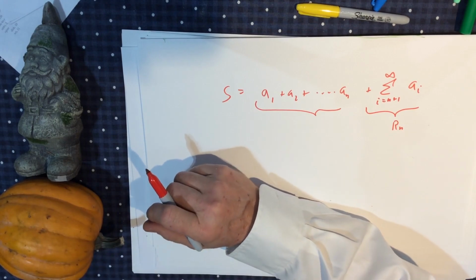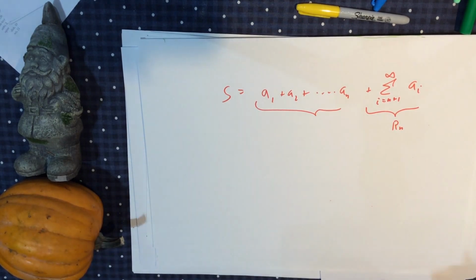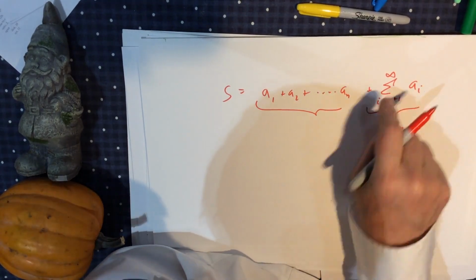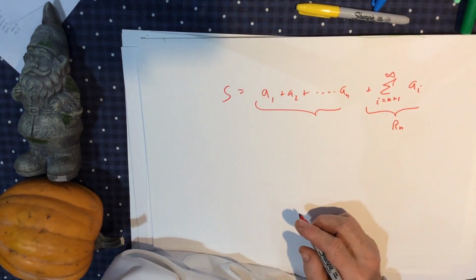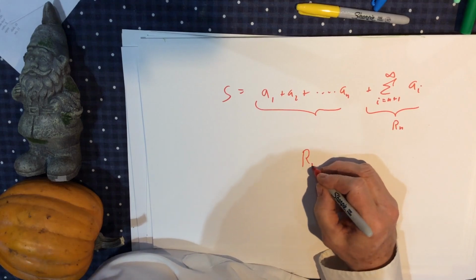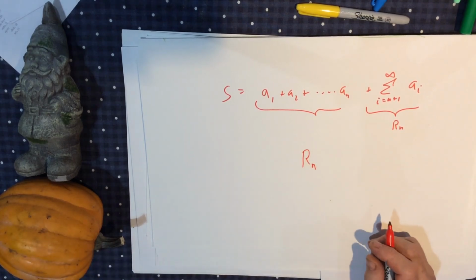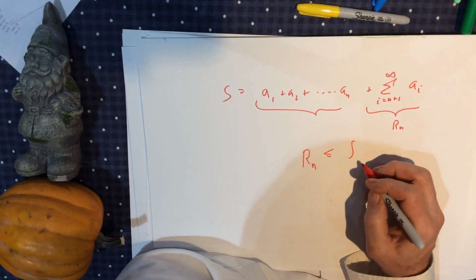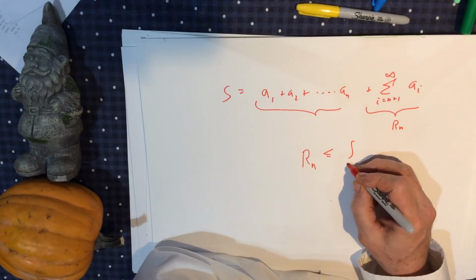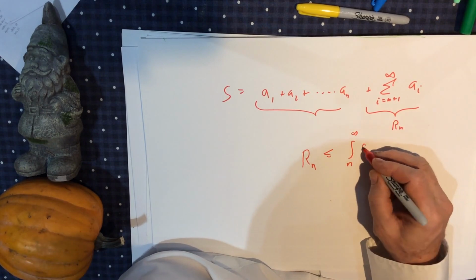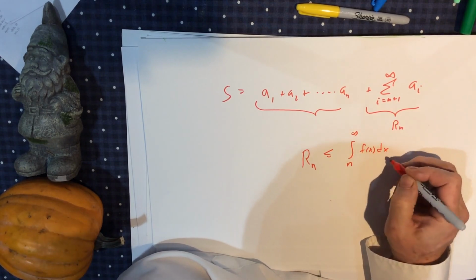All right? Now, if you take and rearrange the inequalities that I just had there, we understand the following: that remainder, that thing called R sub n, is less than or equal to the integral from n to infinity of our f of x dx.